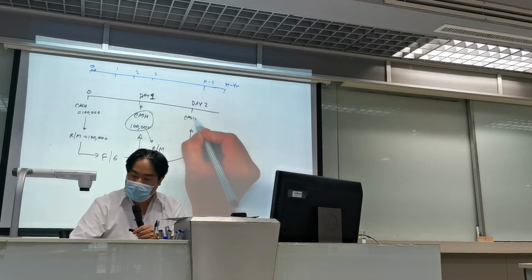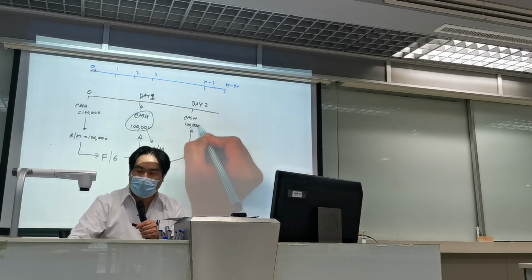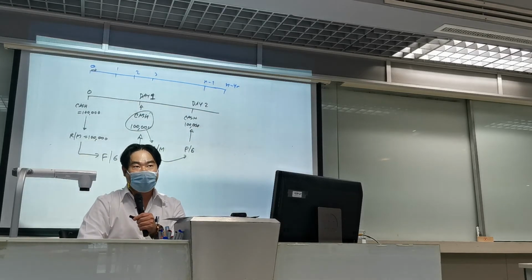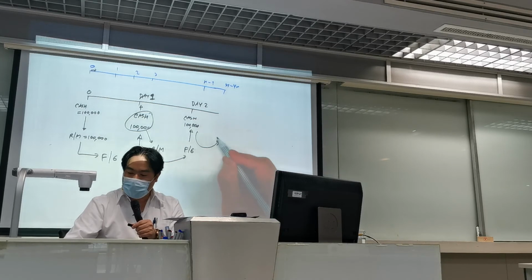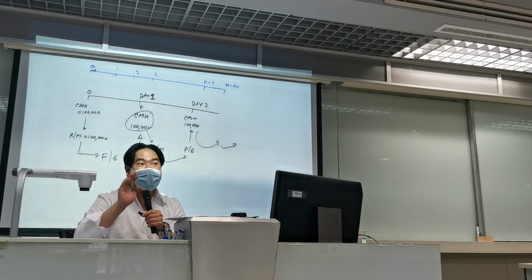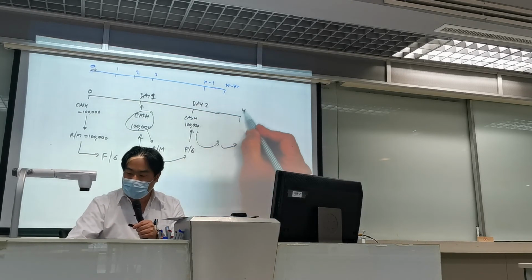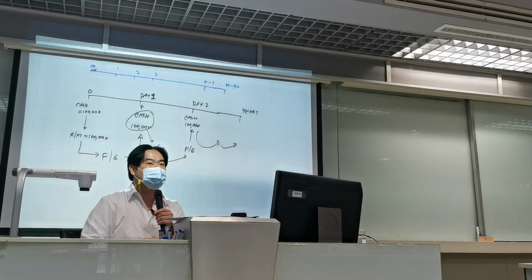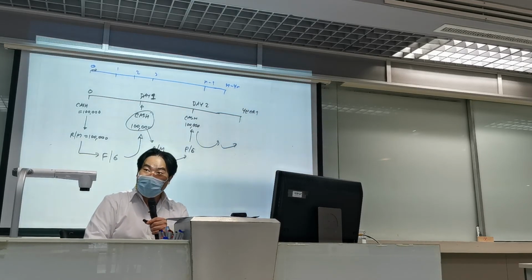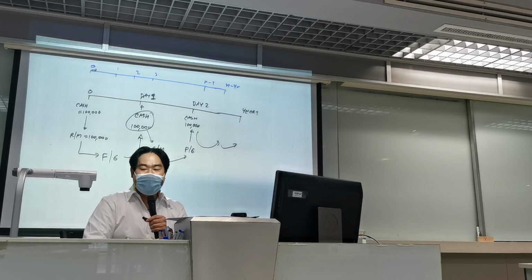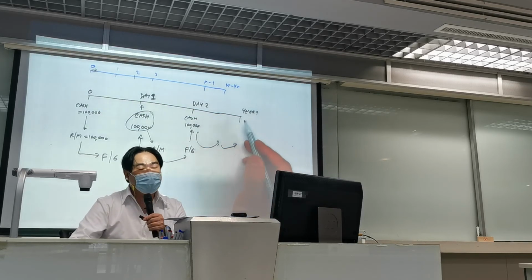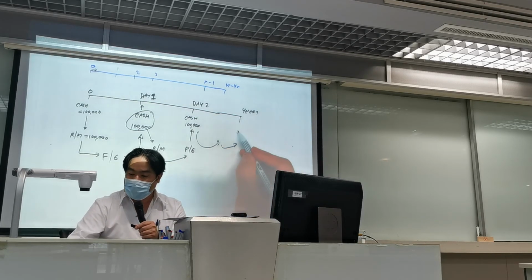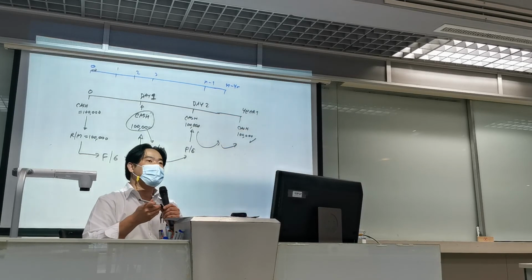So I get cash again, 100,000, in the evening of day 2. The process will repeat itself like this day by day until the end of year 1. So at the end of year 1, or 31st December year 1, I must get cash equal to 100,000.